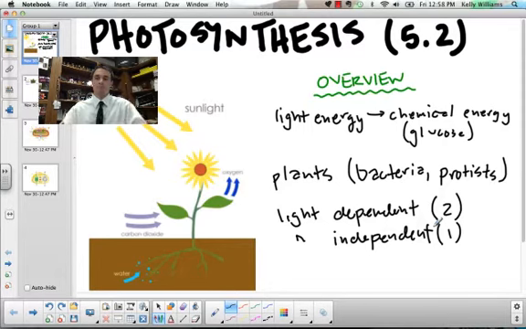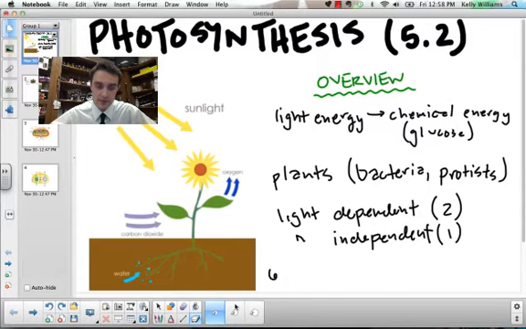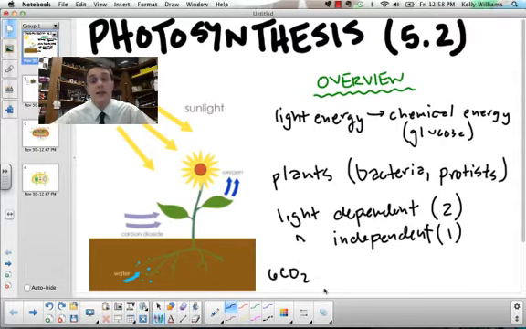Now the popular formula that you're going to see regarding photosynthesis lists everything that's needed to carry out this process. The classic formula is 6 carbon dioxide molecules in addition to 6 water molecules.